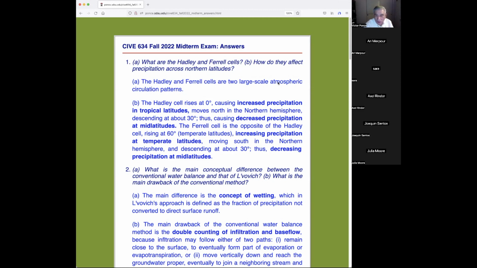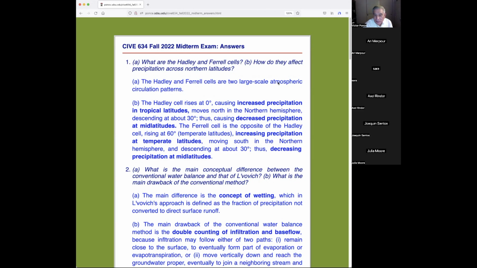It moves north in the northern hemisphere and descends at about 30 degrees, thus causing decreased precipitation at mid-latitude. Mid-latitude is a term that is considered 30 degrees. So for instance, here in San Diego, we're at latitude 32, and we don't have a whole lot of precipitation, which agrees with it.